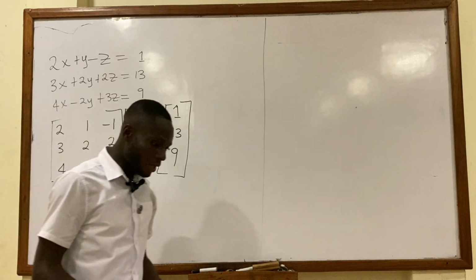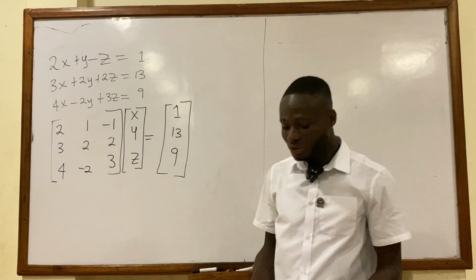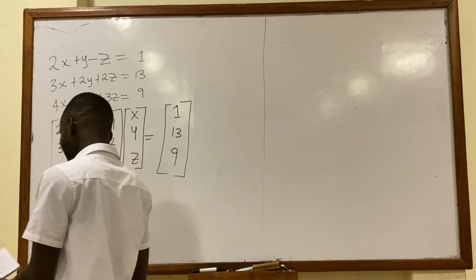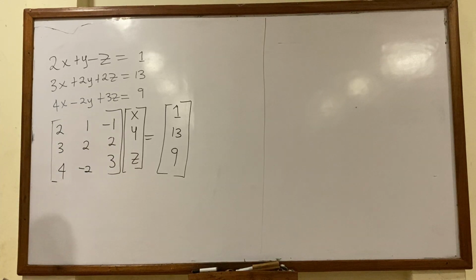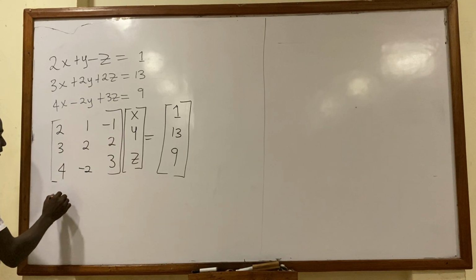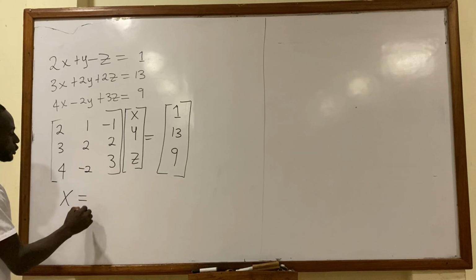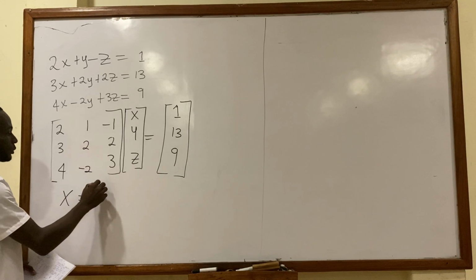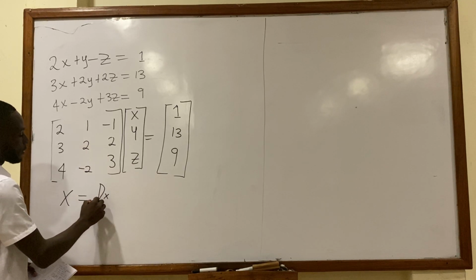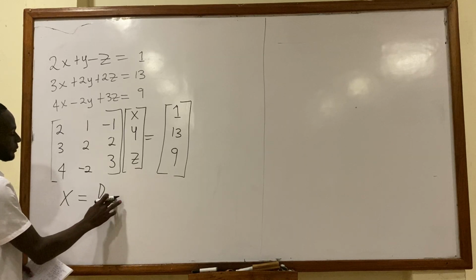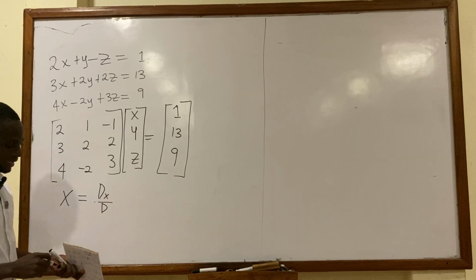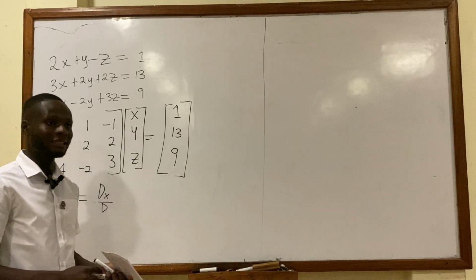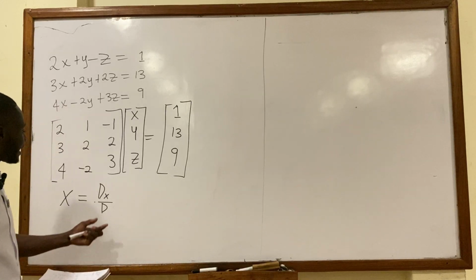Good. So now, if you want to find the X, this is how we find the X. X is equal to dx over d. Now, what do dx and d mean?